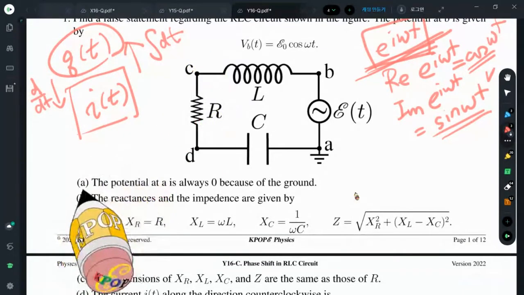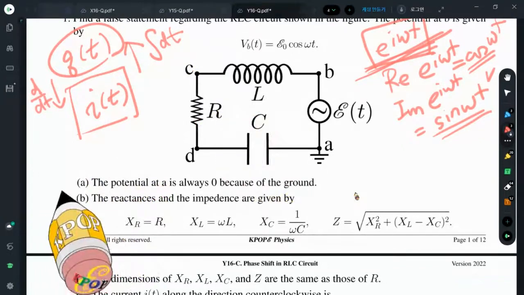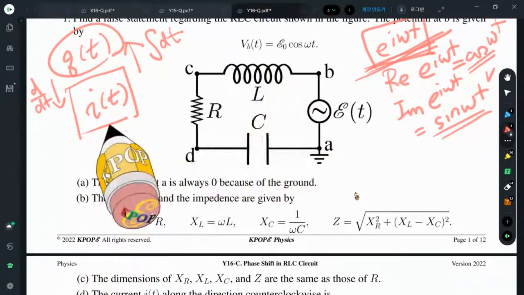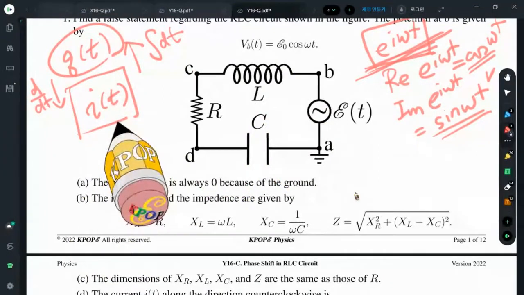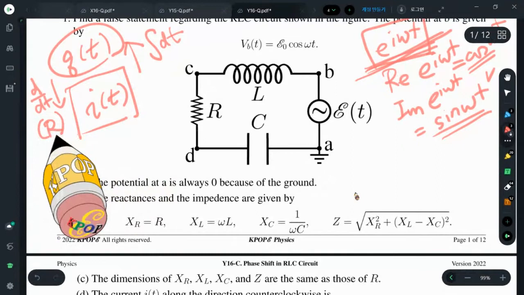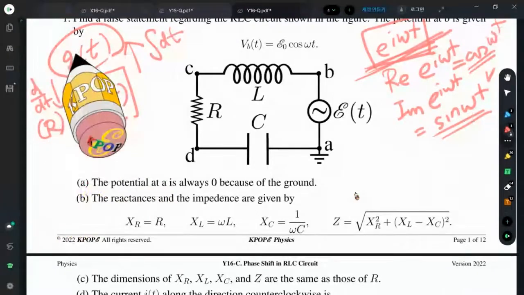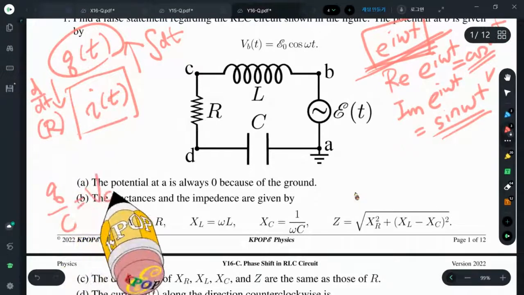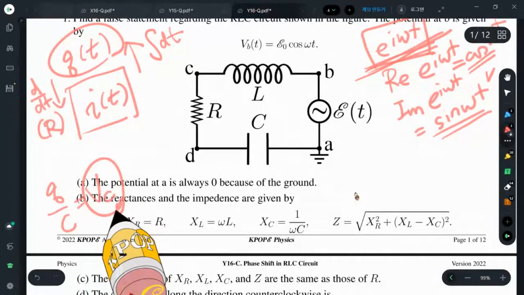When I want to compute the potential difference here, I have to take the time derivative. And actually, this is for the resistor. This Q over C is the potential at the capacitor.